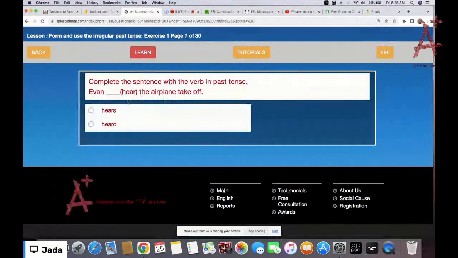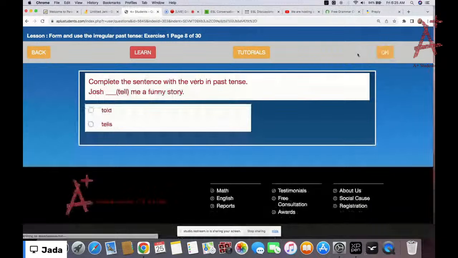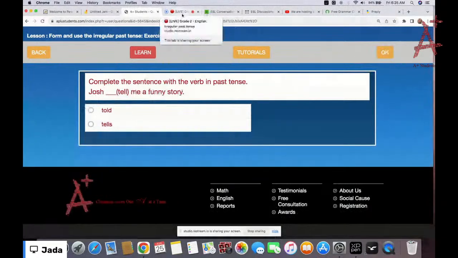Did the airplane take off? Okay, so that's how you do it. These are the patterns that you follow. Once you follow this pattern, you will be able to understand everything that is going on. So we'll move on to the next one now.